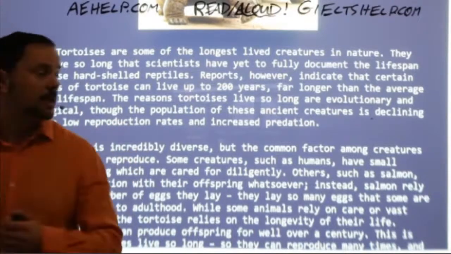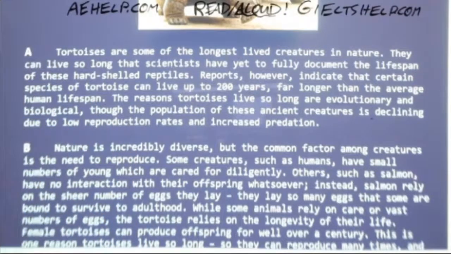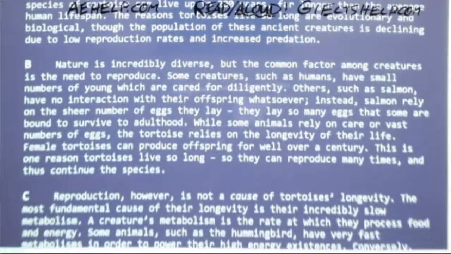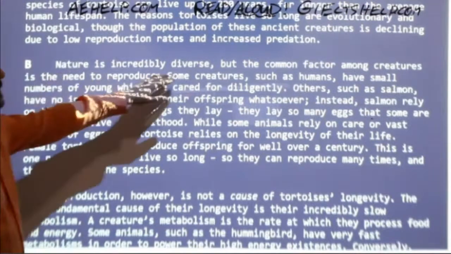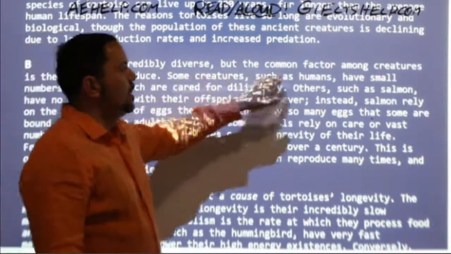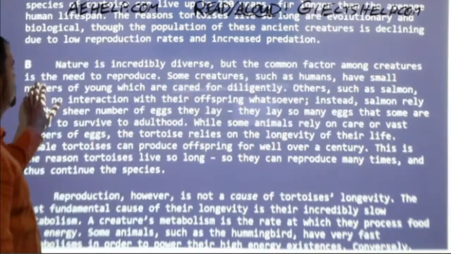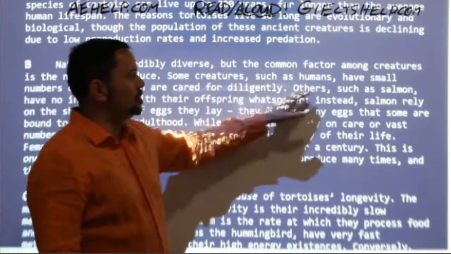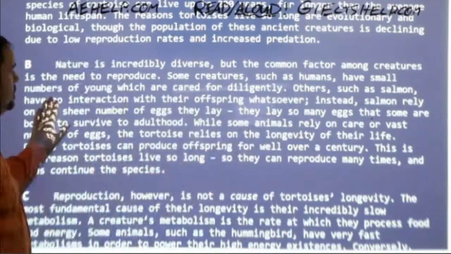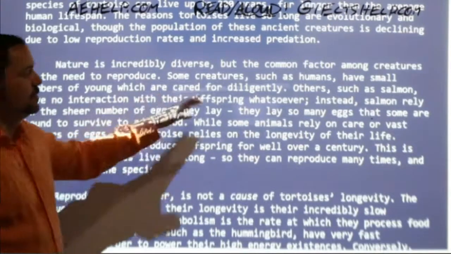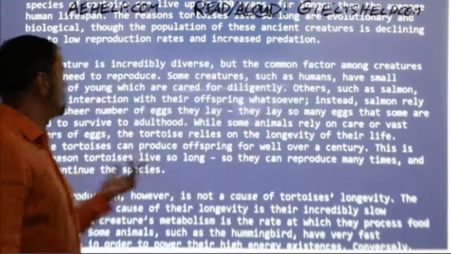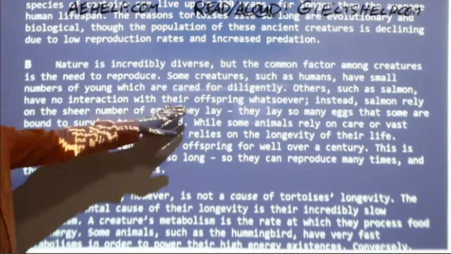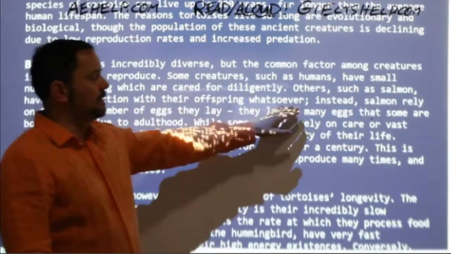All right. So, paragraph 2, here we go. Some nice fluid reading. Nature is incredibly diverse, but the common factor among creatures is the need to reproduce. Some creatures, such as humans, have small numbers of young which are cared for diligently. Others, such as salmon, have no interaction with their offspring whatsoever.